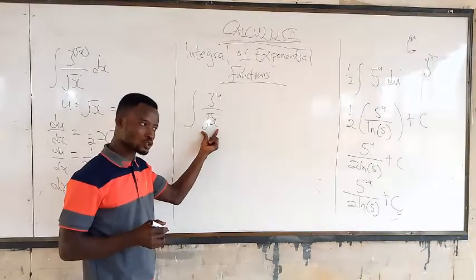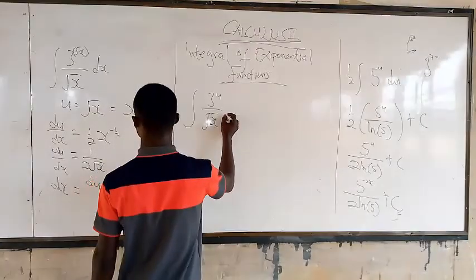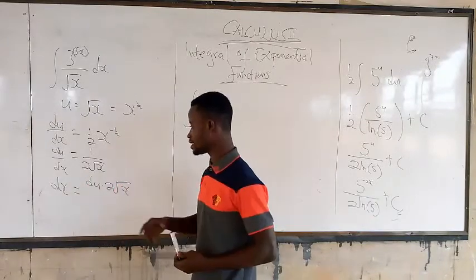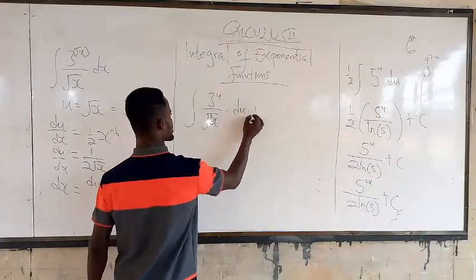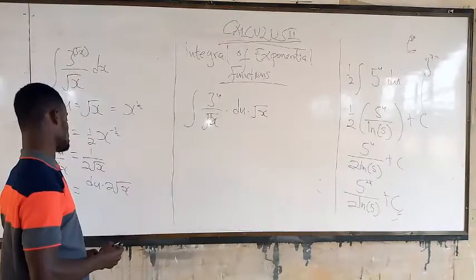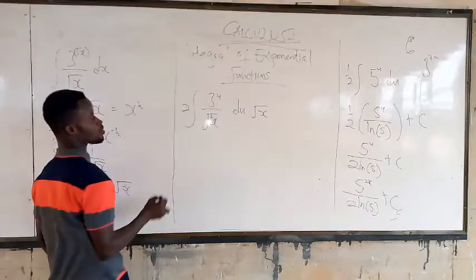Please, here is not u. Then we multiply by ds. And we know that ds is du multiplied by 2 square root of s. Don't forget that the 2 is a constant, so that will come out.